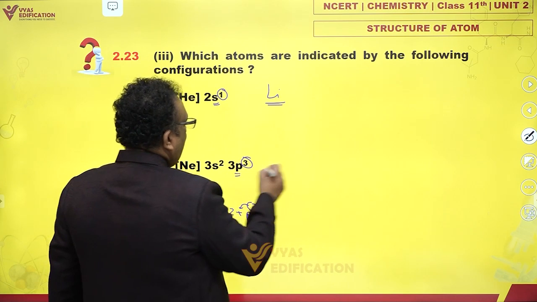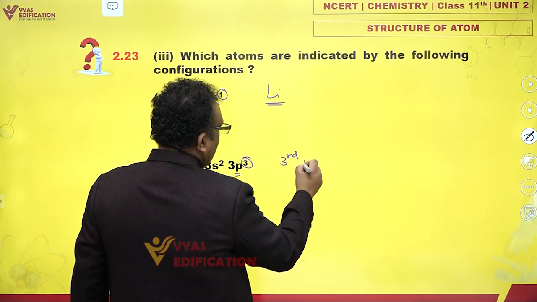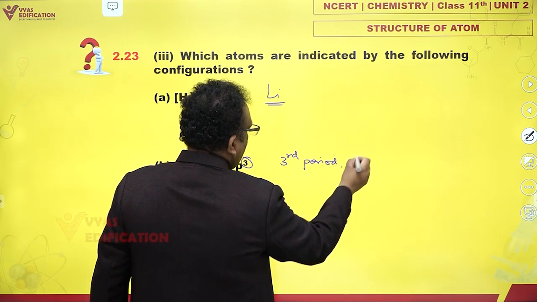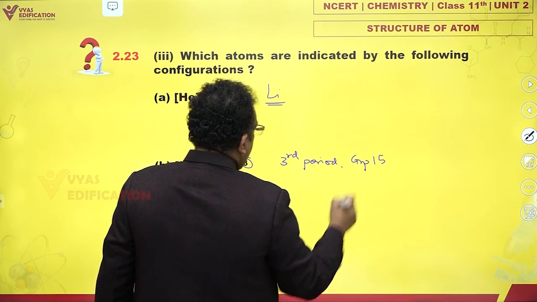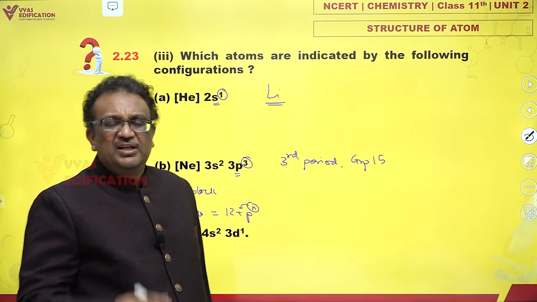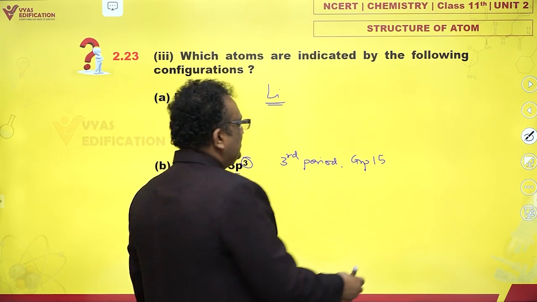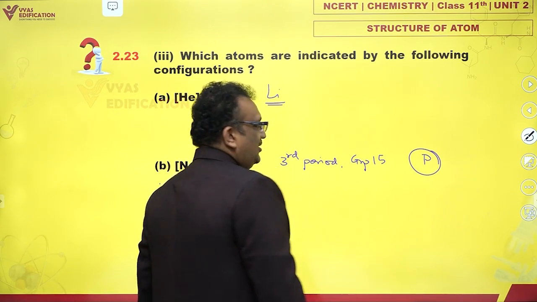So this is third period, group 15. Group 15 is the nitrogen family. Third period, this is phosphorus we are talking about.